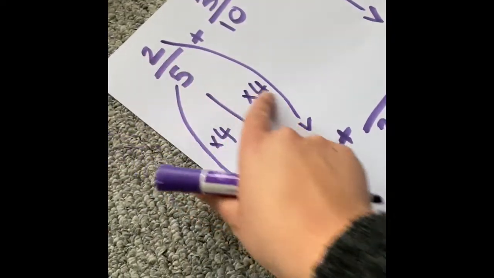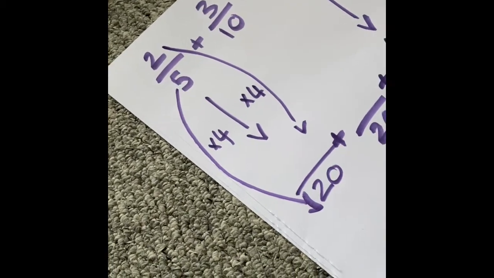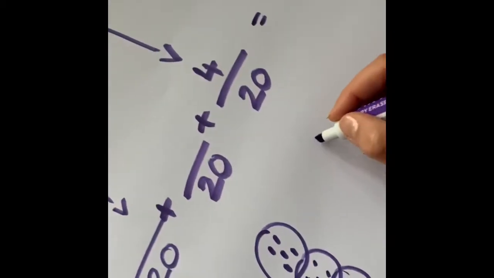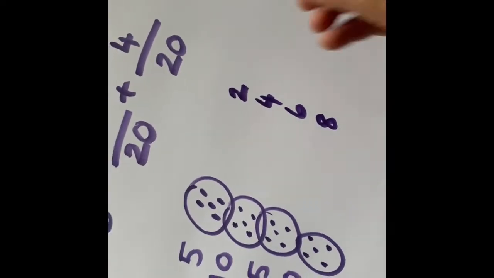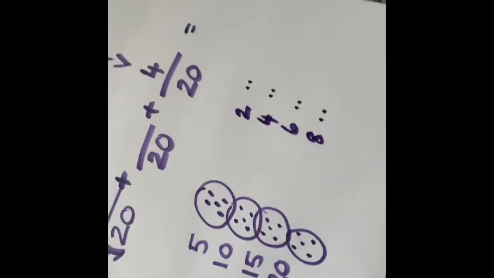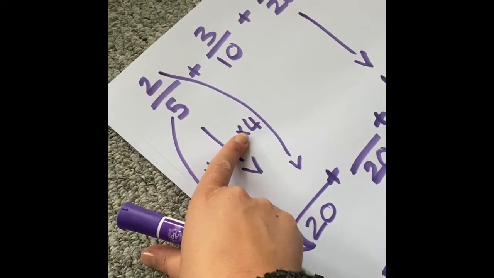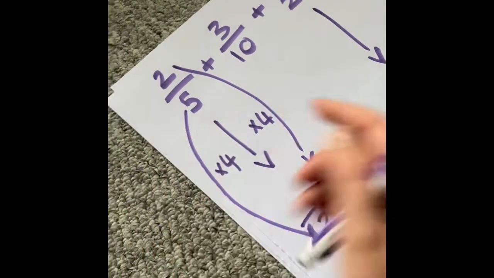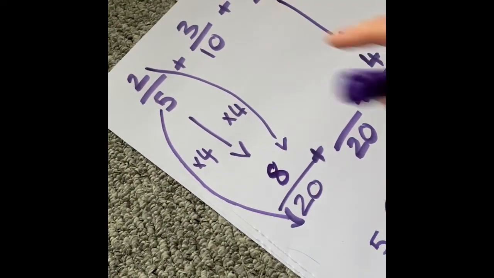Again, hoping that you know 2 multiplied by 4, 2 lots of 4, 2 groups of 4. Again, if you don't, you can think about doing this and doing groups of, but you'll get the hang of it as you go along. 2 multiplied by 4, so 2 groups of 4, 8.